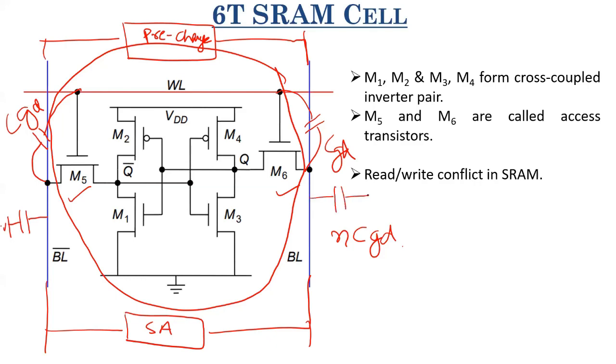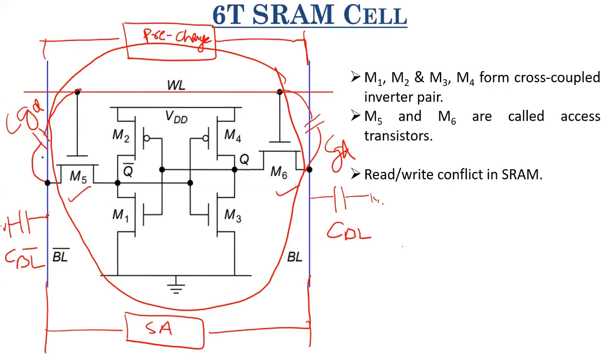We merge everything together and call this CBL and CBL bar. That was the bit line capacitance I was talking about in the previous slide. It is the summation of all these capacitances that this node sees.